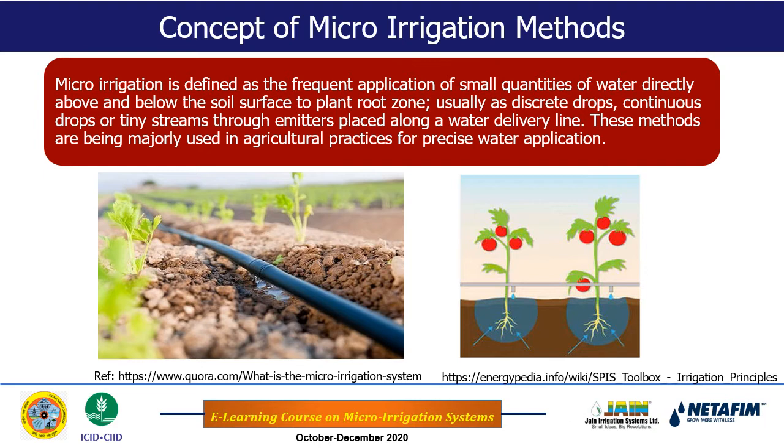Allowable range means from the depletion level to the field capacity, not allowing the moisture content to drop below the allowable depletion level. This is not possible in surface irrigation, where we have to apply a large quantity of water per irrigation, and towards the end of the irrigation period the water content in the root zone will be less than the allowable depletion. Sometimes it can reach the wilting point as well.